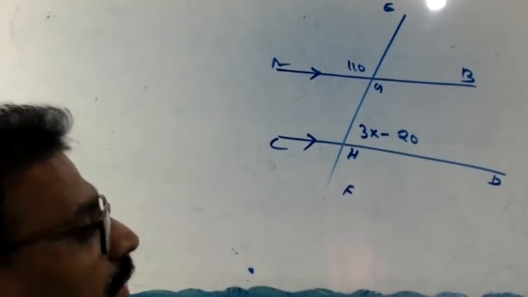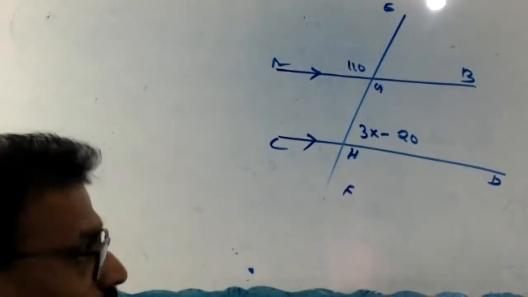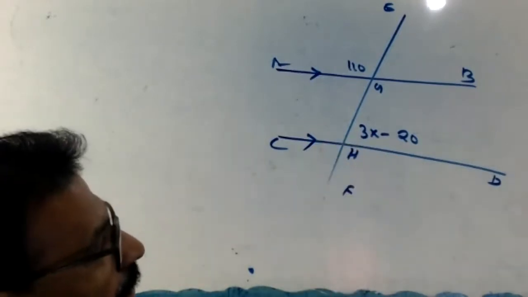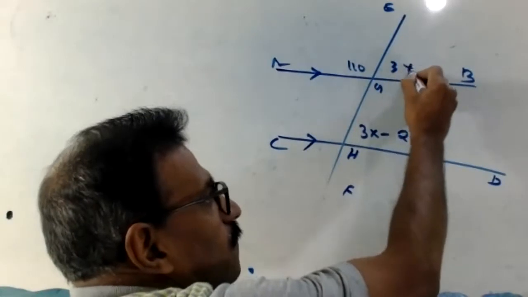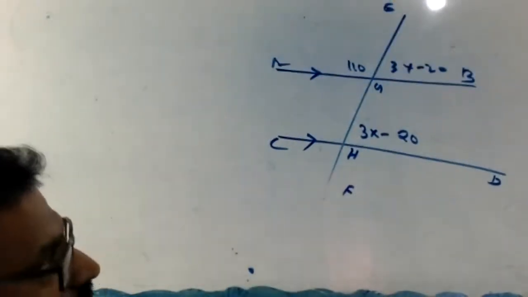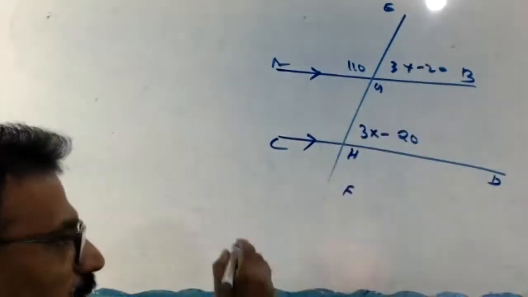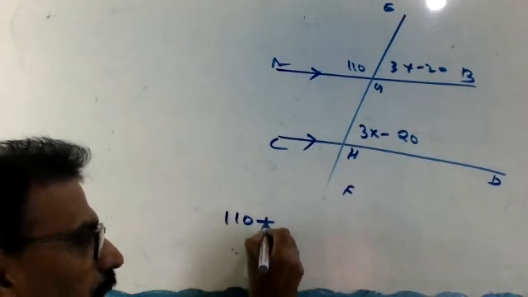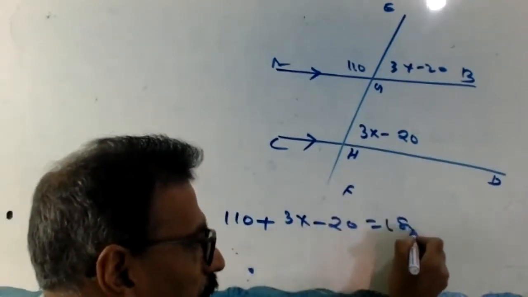Look here, how we did. This also 3x minus 20, corresponding angles, right? This is also 3x minus 20, corresponding angles. Then 110 plus 3x minus 20 equal to 180.